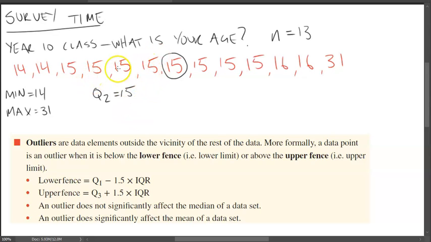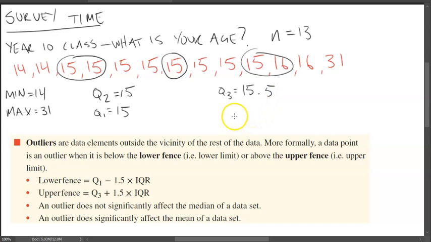We have 6 on each side. Our Q1, what's in between 15 and 15? 15. Our Q3, 1, 2, 3, 4, 5, 6, between 15 and 16, so our Q3 is 15.5. So there's our 5-number summary.